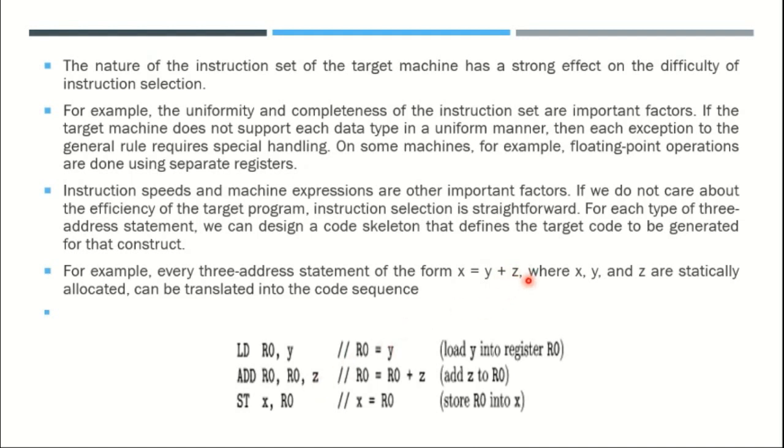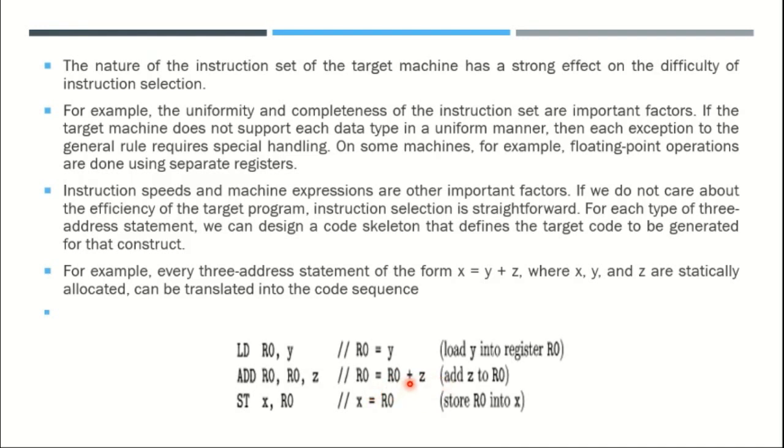So R0 already has the y value, and we perform the addition with z, and the result is stored again in R0. So now R0 contains the y value added to the z value.